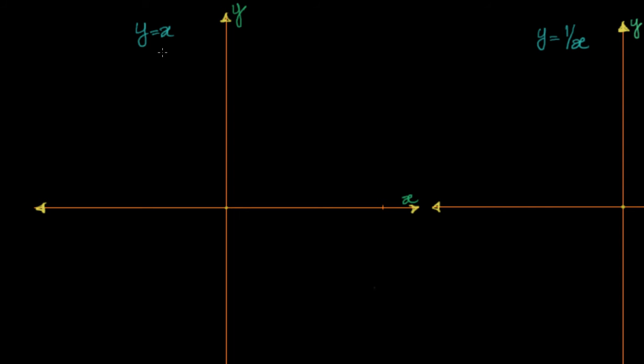So what I am trying to do now is take two functions and plot them. One is y equal to x and the other is y equal to 1 by x. Can you observe that if this is f of x, then this is 1 by f of x.